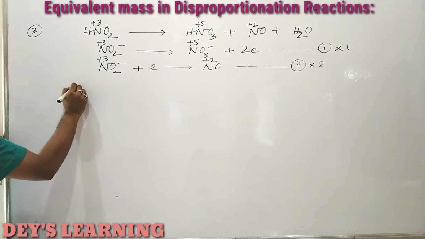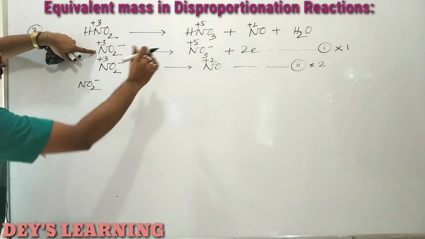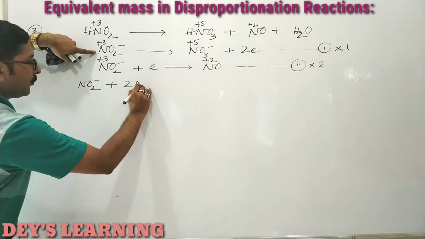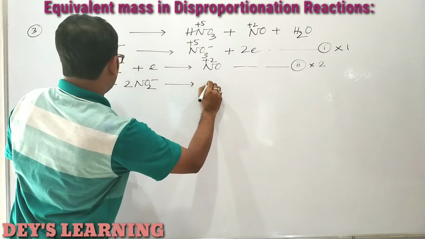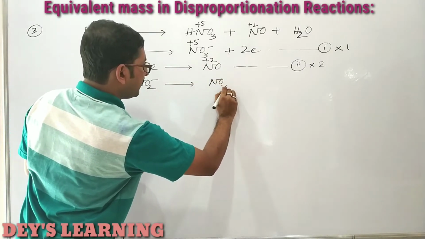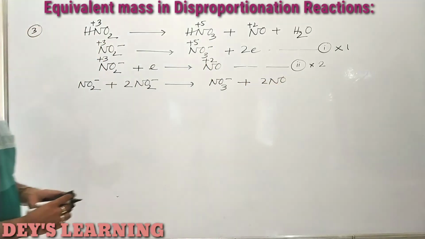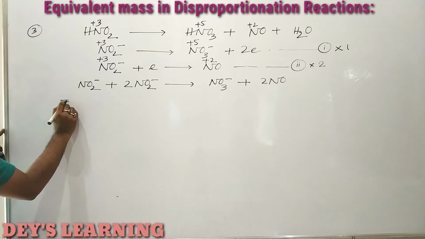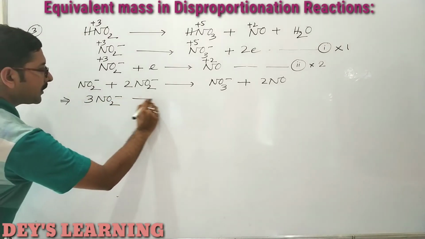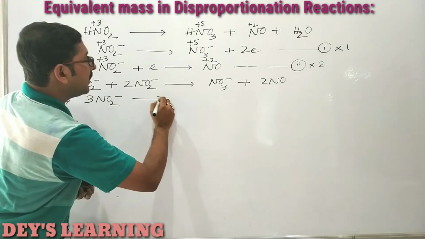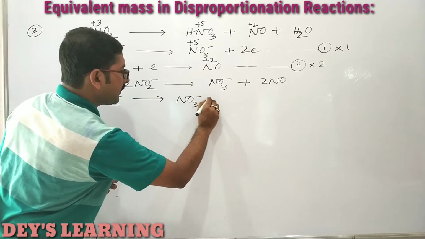Then this NO2 minus is oxidized and these 2 NO2 minus are reduced to form NO3 minus plus 2 NO. So the balanced ionic equation is 3 NO2 minus disproportionates to form NO3 minus plus 2 NO.